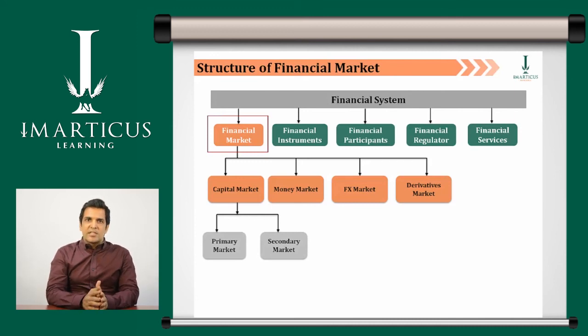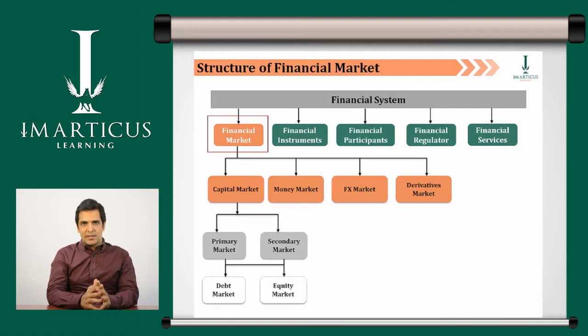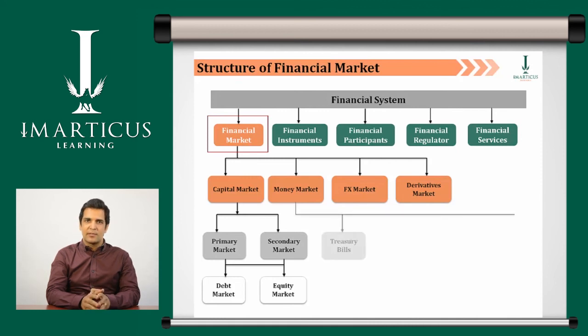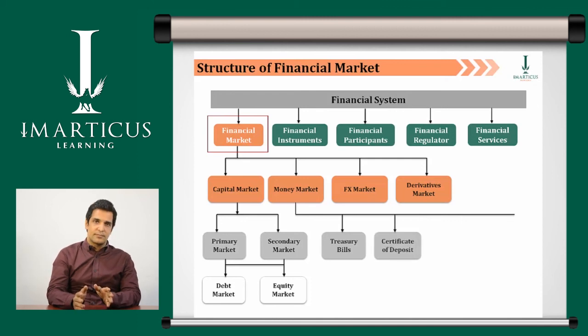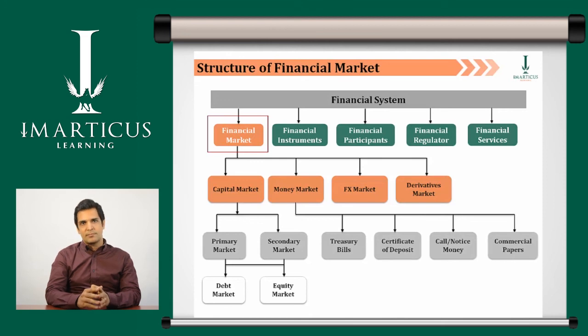In both these markets, we have debt and equity markets. We would learn each of these markets in detail in consecutive sessions. While in the money market, we have treasury bills, certificates of deposit, call money, and commercial paper. All this will be discussed in greater detail in subsequent modules.